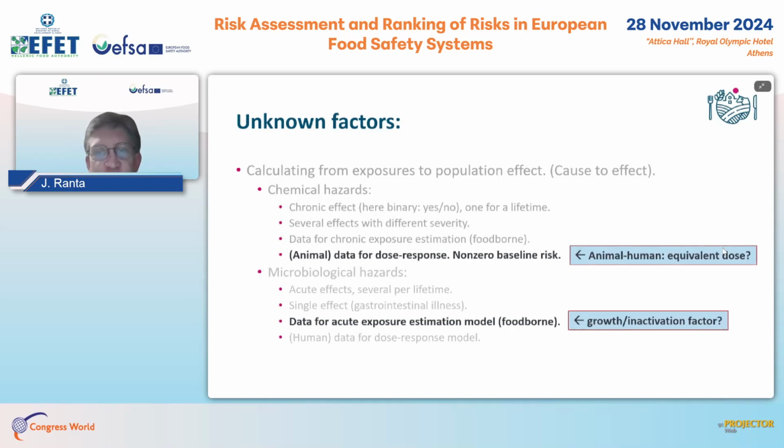But again, I'm assuming that there's some way of doing this and some knowledge that makes it possible to use growth models to translate the actual measurements we have to predictions of what they could be at the time of consumption. So just to make things very simple in this presentation.